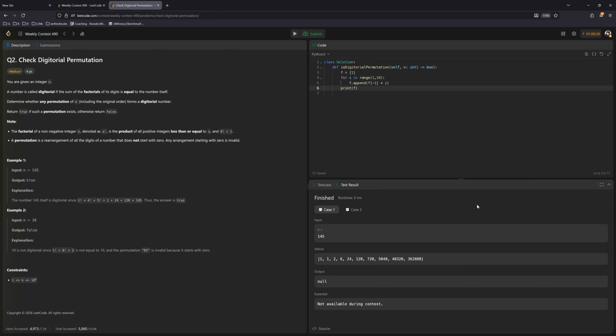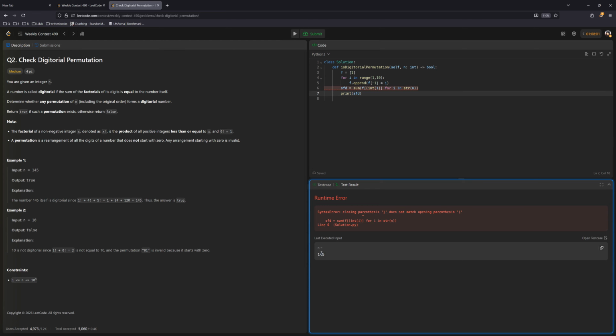Okay, so sum of factorial digits equals sum of f[int(i)] for i in str(n), and let's make sure that that is correct.